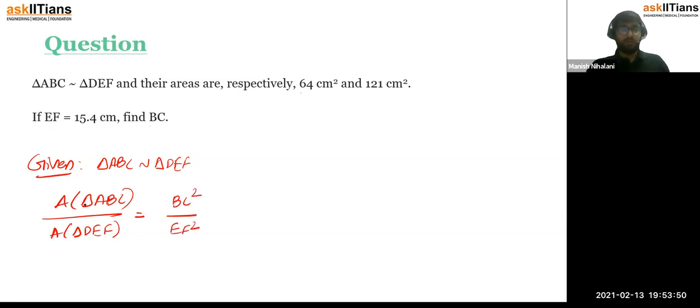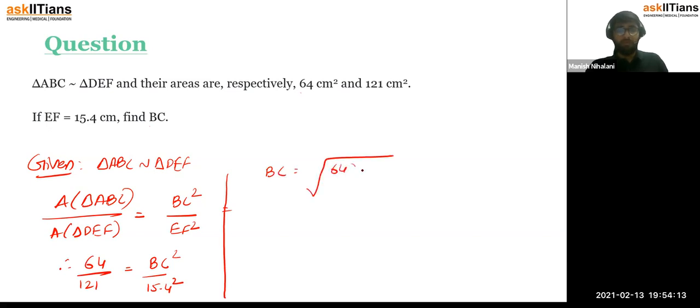So we have the ratio of their areas. Therefore, 64 by 121 is equal to BC square by 15.4 square. Therefore, from here we can say that BC would be equal to the square root of 64 by 121 into 15.4, right? This will be outside the square.